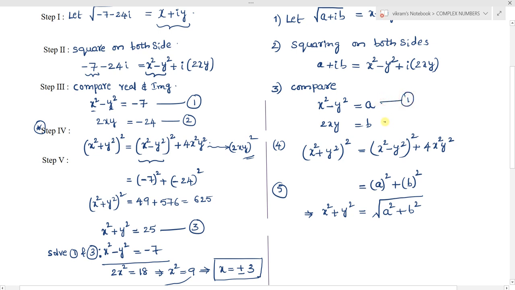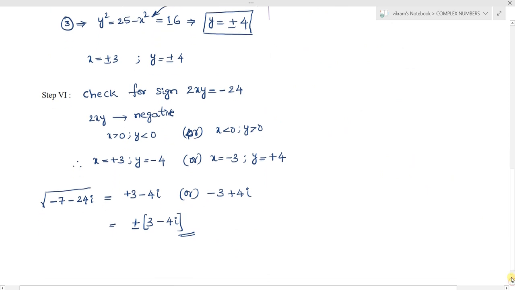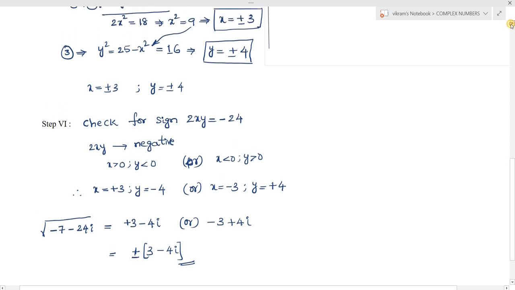Let this be equation 1, this equation 2, and this equation 3. Now solve for x squared minus y squared.